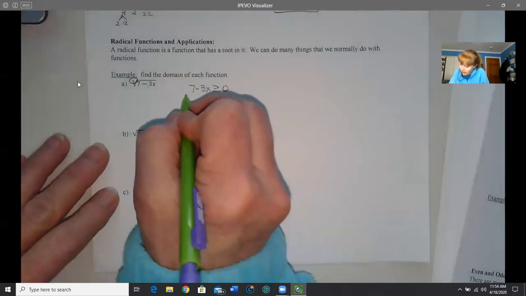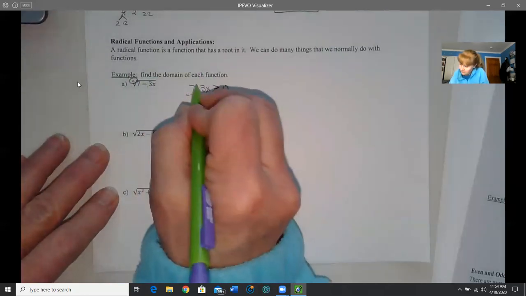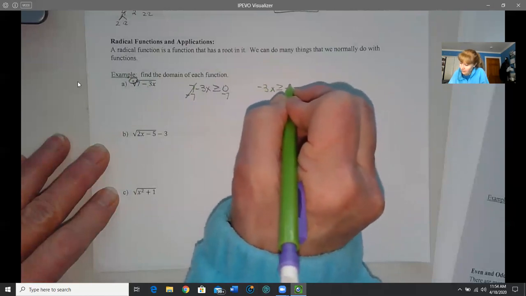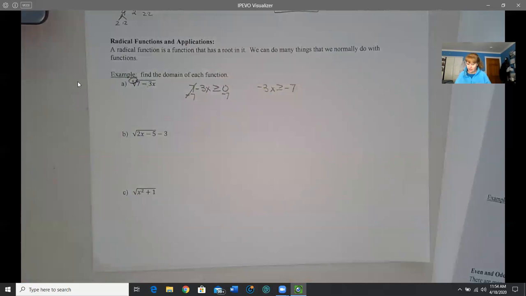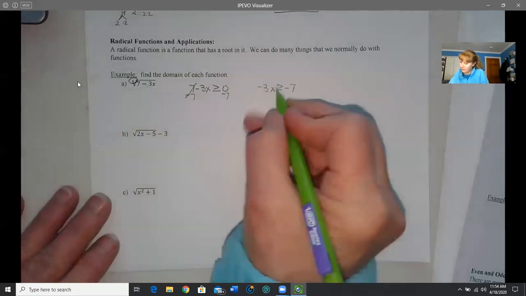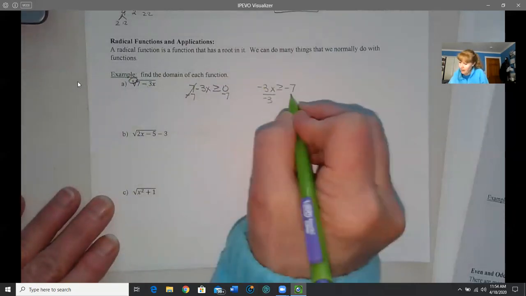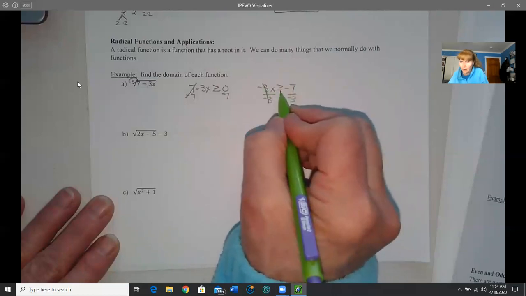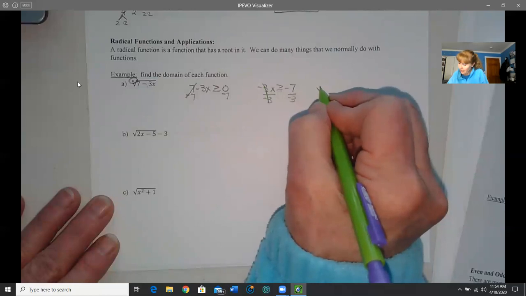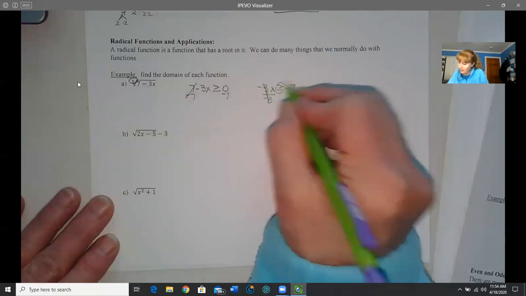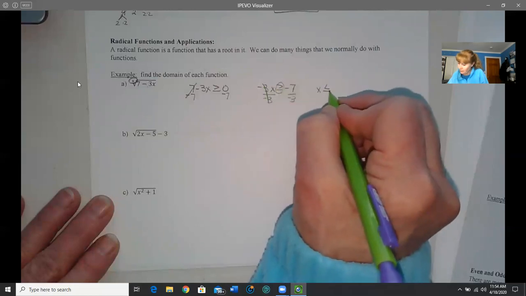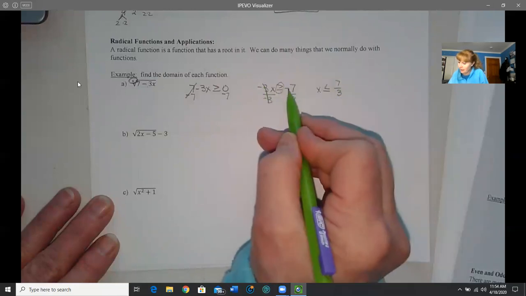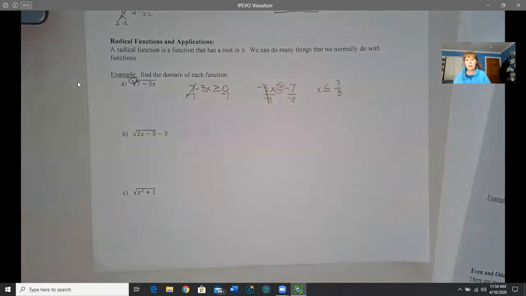So we have -7. I'm going to move over here. And then you divide by a -3. But when you divide by a negative, you flip the inequality. So my x's have to be less than or equal to +7/3, because a negative over a negative is a positive.